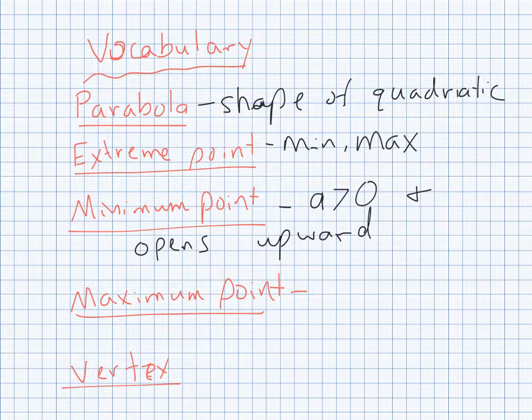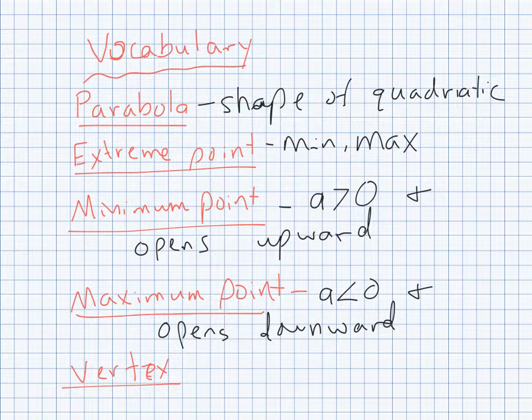A maximum point we have if a is less than 0, and the parabola opens downward. Another term you'll see for minimum and maximum is vertex. That's your minimum or max, or the extreme point of your graph.